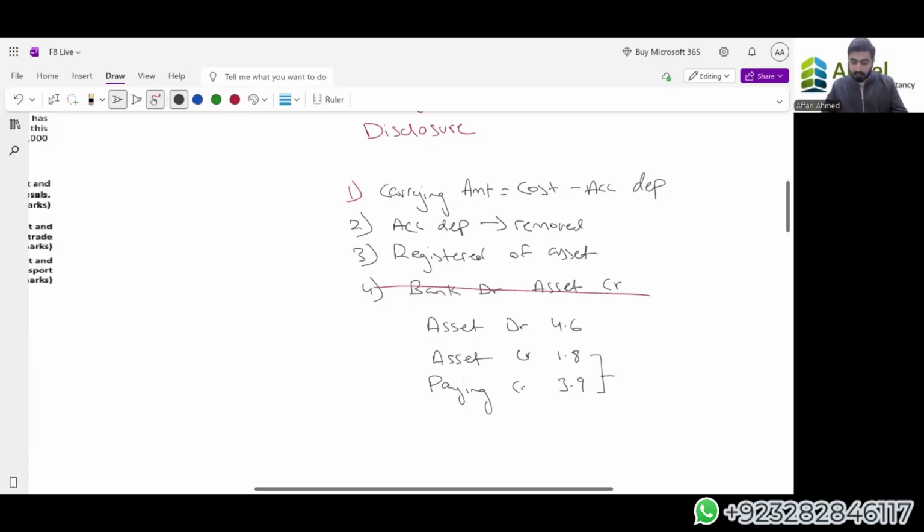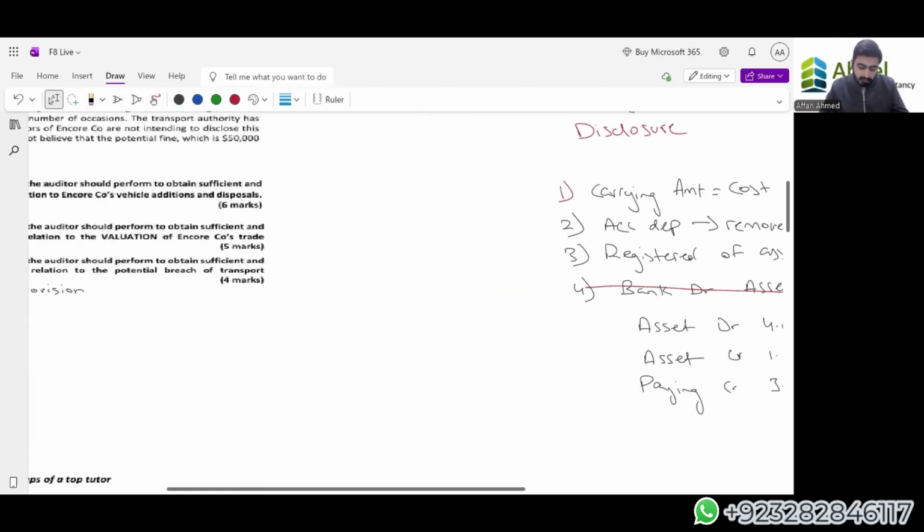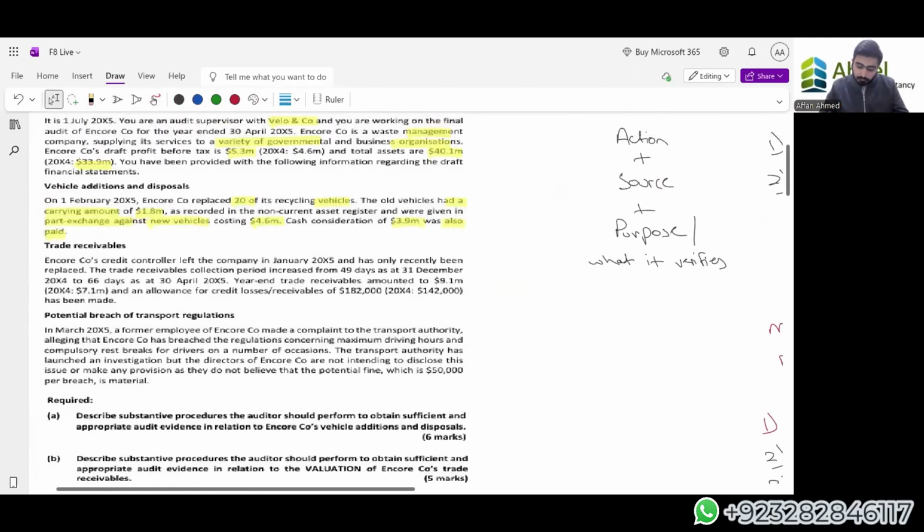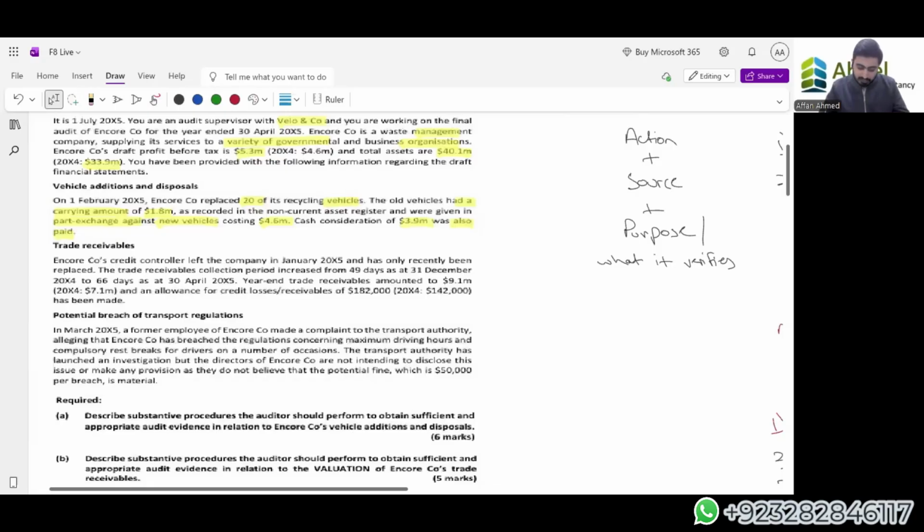3.9 and 1.8, 5.7. I can clearly see that the value of the amount I am paying plus the asset I'm giving is higher than the asset I'm purchasing, right? So I am seeing that we have a particular problem here, that we are giving an asset, we are paying an amount, and we are buying something at which we are having a loss, right?